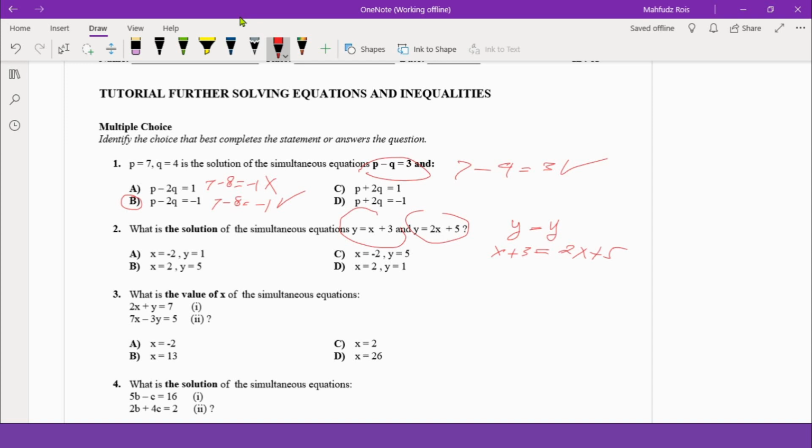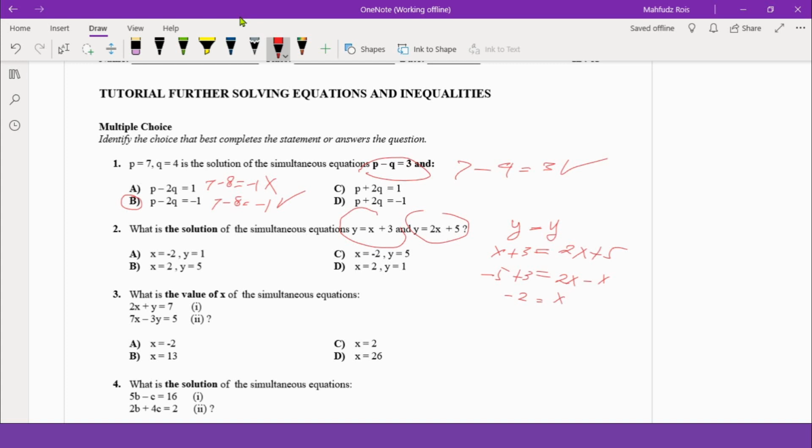So here to find x, if we move x to the right side, so it will be 2x minus x, and if we move 5 to the left, it will be minus 5 plus 3. So here it will be minus 2, and it's minus x, so x is minus 2, so between A and C. Now we need to find y.